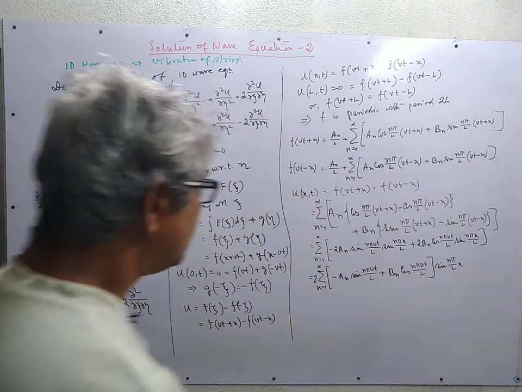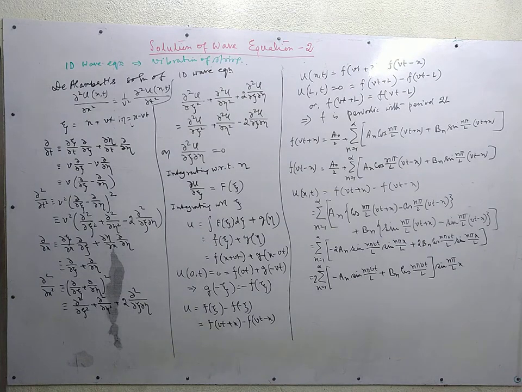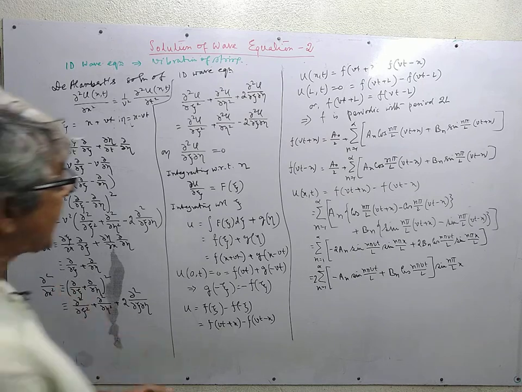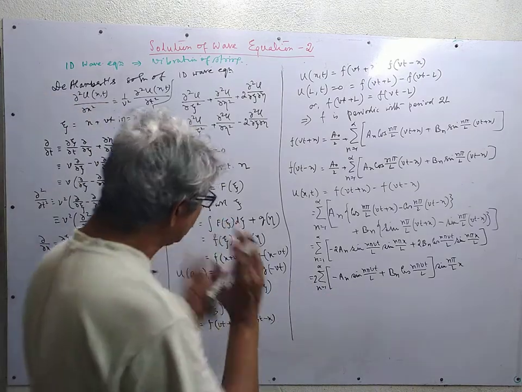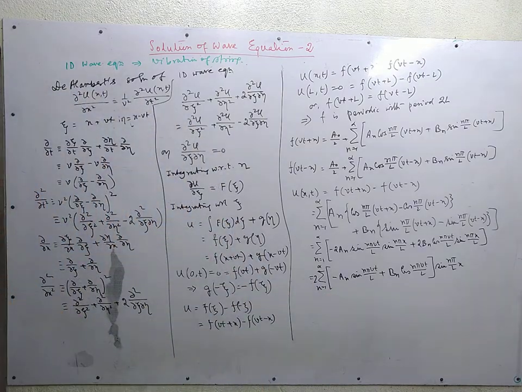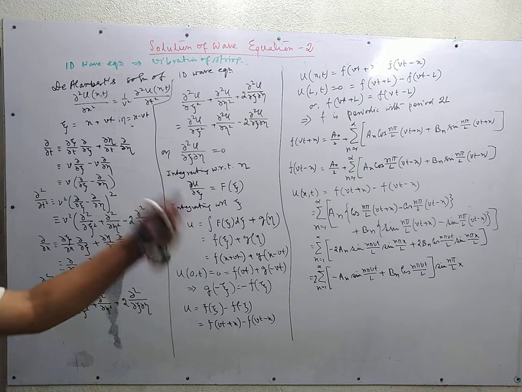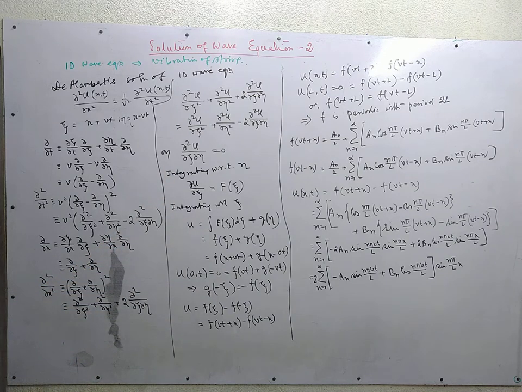This is the same solution as we have obtained by solving the partial differential equation. This is another reason for saying the solution that we obtained is the Fourier solution, because it can be obtained from the Fourier series as well.